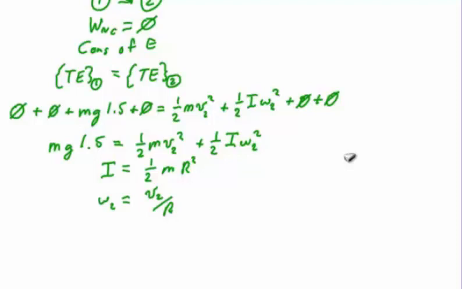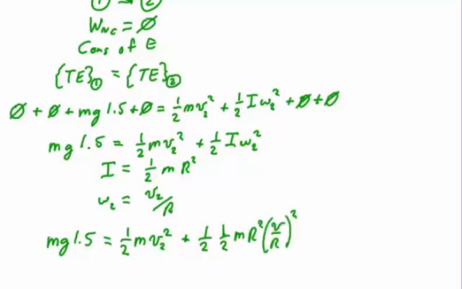So let's proceed. Our equation will yield mg times 1.5 equals 1/2 m times v2 squared, plus 1/2 times 1/2 m r squared times v2 over r, squared. Just as previous, there are a number of remarkable cancellations.